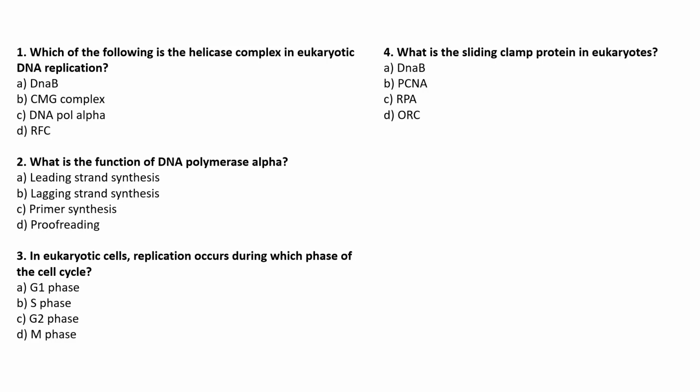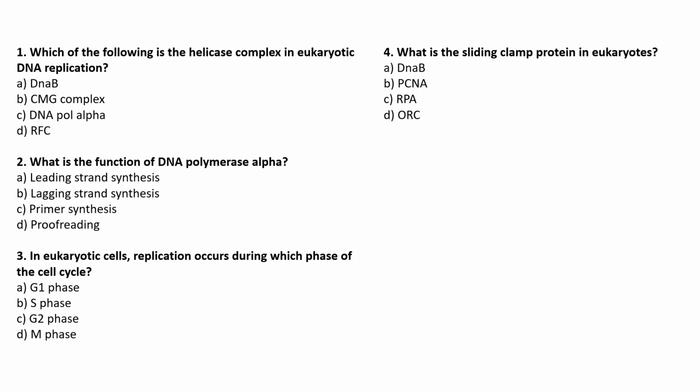Okay, what is the sliding clamp protein equivalent in eukaryotes? Okay, Pratik and Samiksha say B. Does anyone have any conflicting answers? Does anyone think it's ORC? No, right? That's great because you're right.